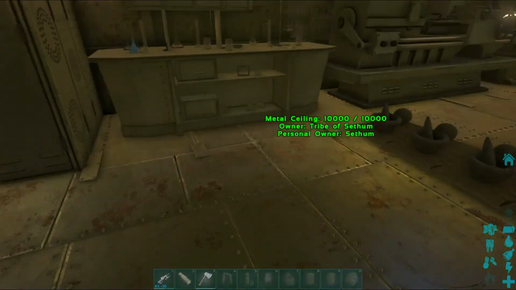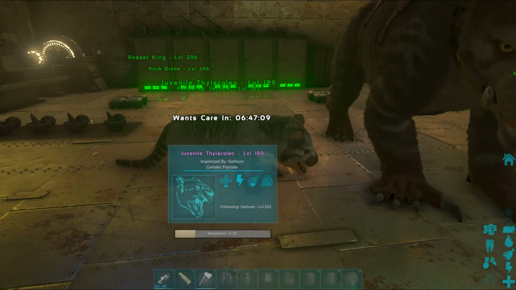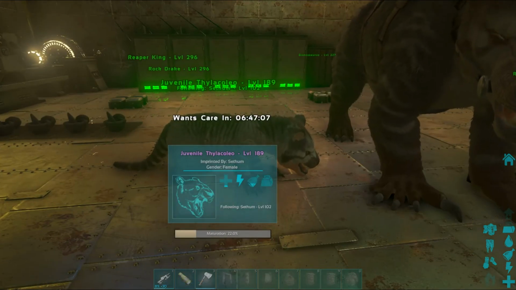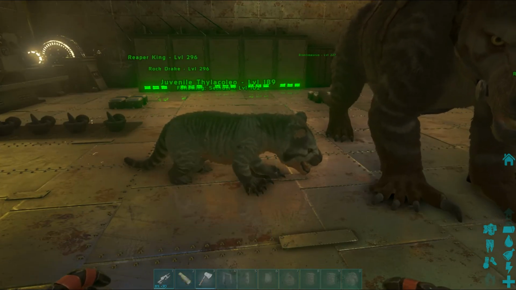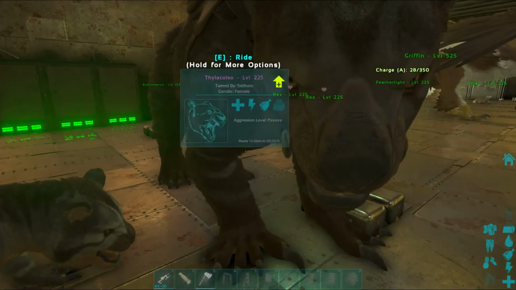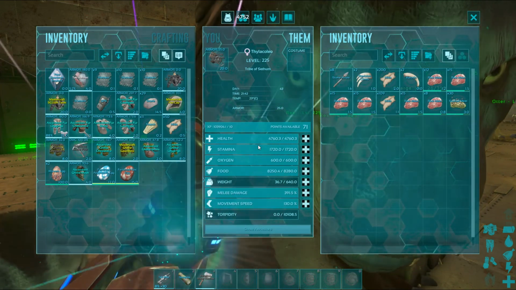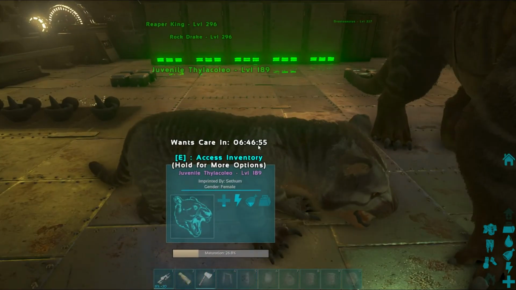Once you have a baby with 100% imprinting, that baby's stats will have significantly been increased compared to the parent. Obviously, the imprints do not carry on to the babies if you use the babies off of a breeding pair, so that is very important to know here.